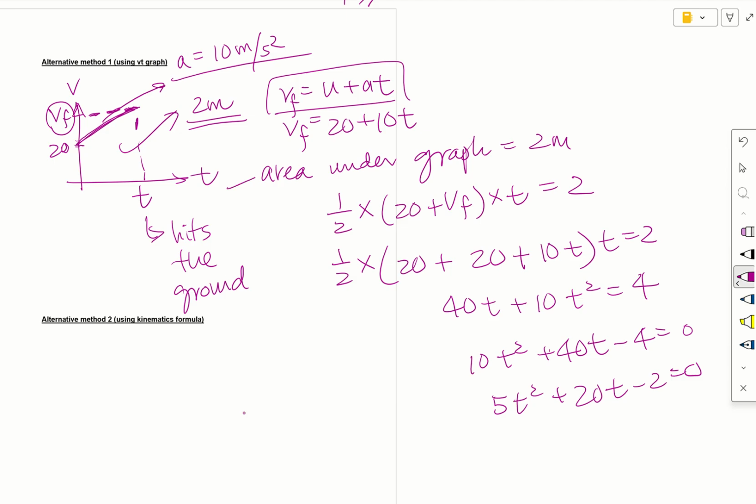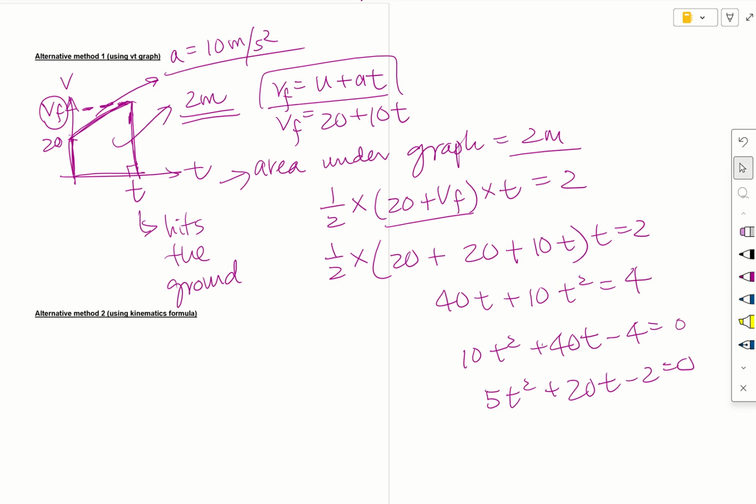Next, we use area under the graph is 2 meters. So we can use the area of a trapezium, which is half times parallel sides, 20 plus vf, multiplied by the vertical height, which is t, and equals 2.